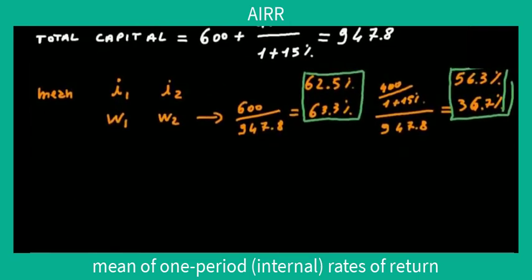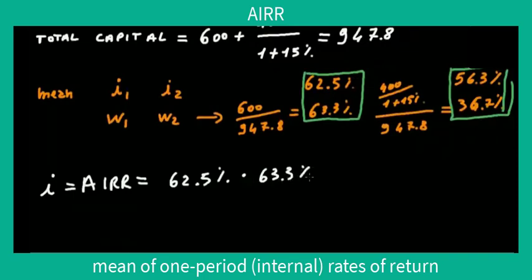So the rate of return of the project, average internal rate of return, is 62.5% multiplied by the weight, 63.3%, plus the second period rate of return, which is 56.3%, times the weight, 36.7%.